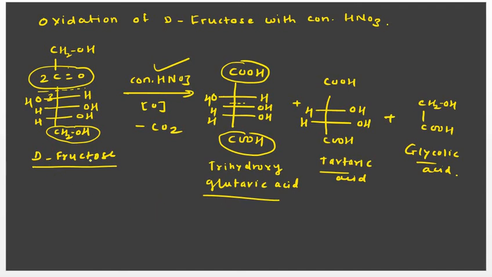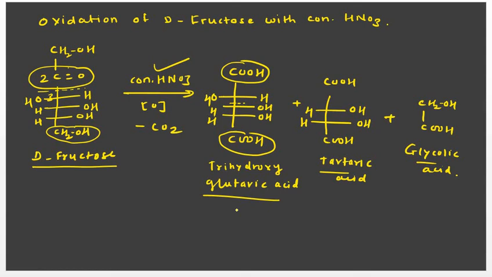So when D-fructose is oxidized, we can expect three oxidized products when we use concentrated nitric acid as oxidizing agent: glutaric acid, tartaric acid and glycolic acid. Okay, so this is all about oxidation of D-glucose and D-fructose by using concentrated nitric acid.